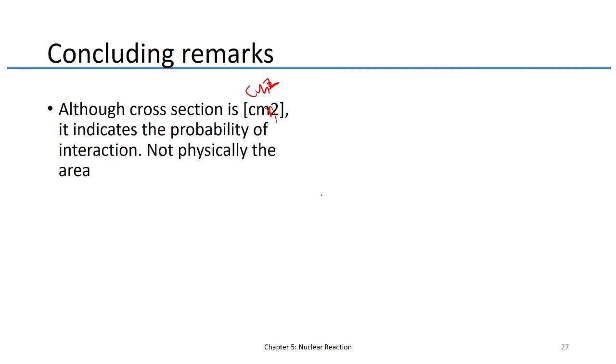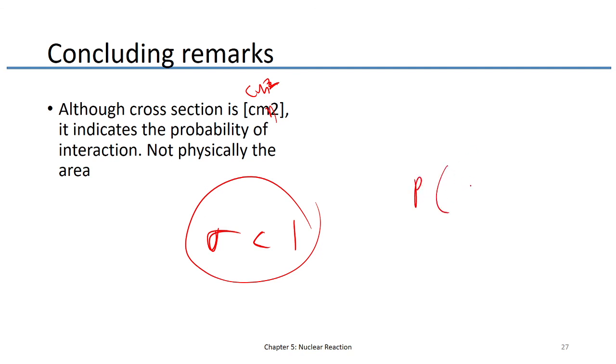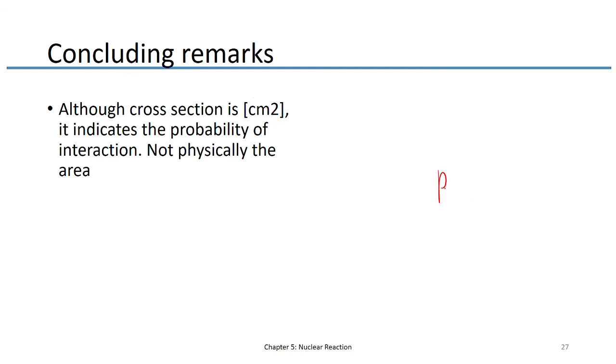So usually sigma is less than 1. Intuitively we know that in probability and statistics, the possible value of probability is less than 1.